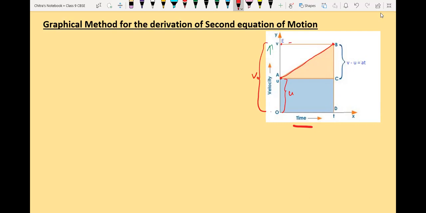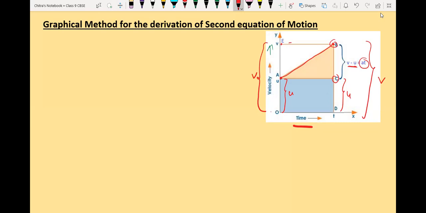And the distance from B to C will be v minus u, and we know v minus u is what? It is at.